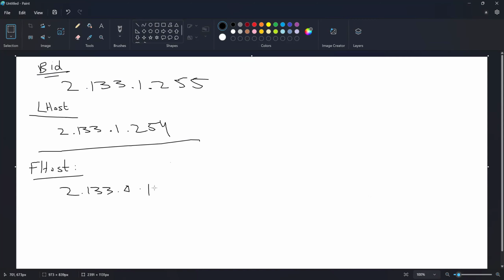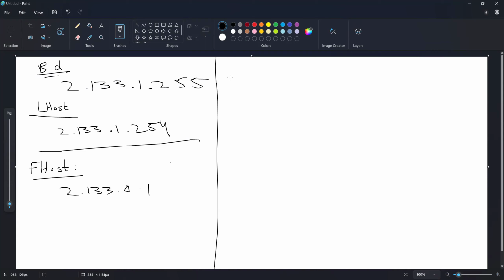So you know the comparison, right? That we did last row between first host and last host. We'll do the same thing in binary again. Just to practice, can you guys convert 254 to binary? 254 is 7 ones and the last one is 0, right?